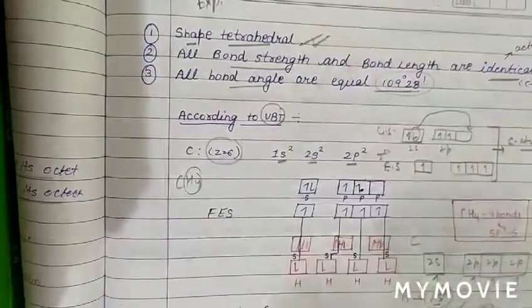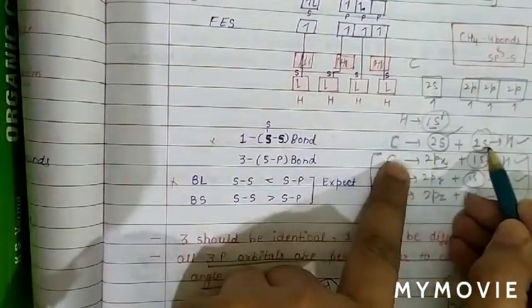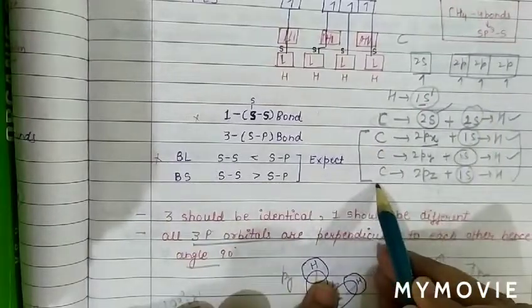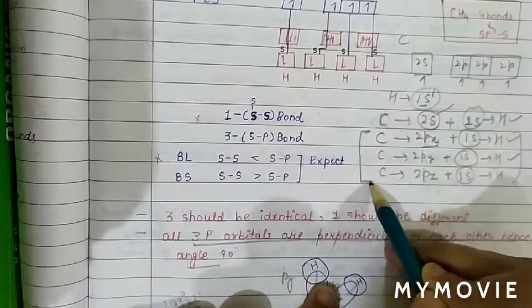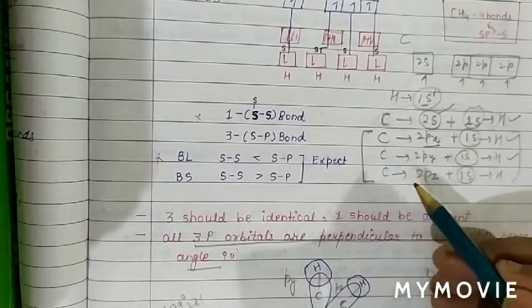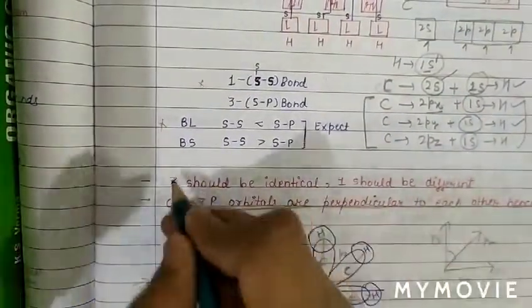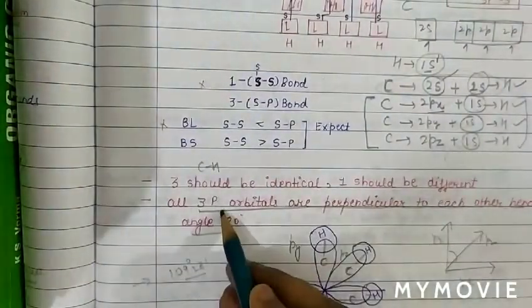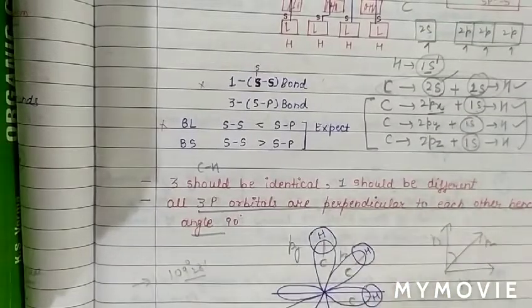But according to VBT, 1 carbon hydrogen bond is different from the 3 carbon hydrogen bonds, and these bond angles are 90 degrees, while there is no bond angle in CH4 of 90 degrees. So basically all 4 should be identical, but according to VBT 3 are identical and 1 is different. And according to VBT, the 3 p orbitals perpendicular to each other at 90 degrees is also false.